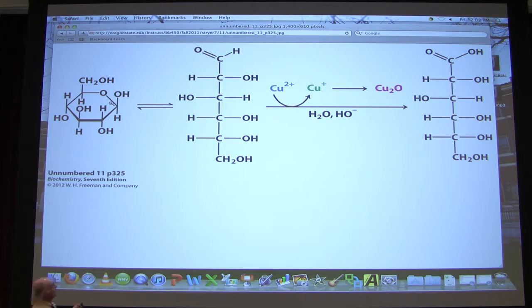Now, that change of copper's configuration actually changes the color of the solution that it's in, so we can monitor the color and the amount of color change that occurs as a quantitative measure of the amount of a reducing sugar that is present. Now, reducing sugars are called that because they are easily oxidized. Notice this guy's an aldehyde, and I hope you remember from your organic chemistry that aldehydes are oxidized more readily than ketones are.